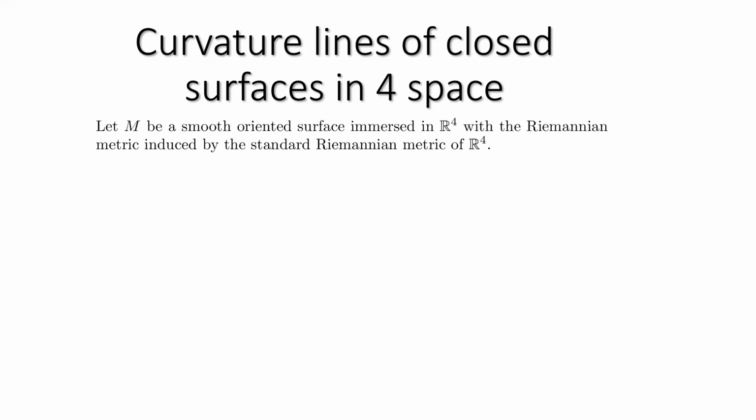This is the panorama, the idea. So we start with this surface immersed in R4. Observe that in this case it is global, so the analysis is for closed surfaces. So we need an oriented surface, and we consider the Riemannian metric, of course.